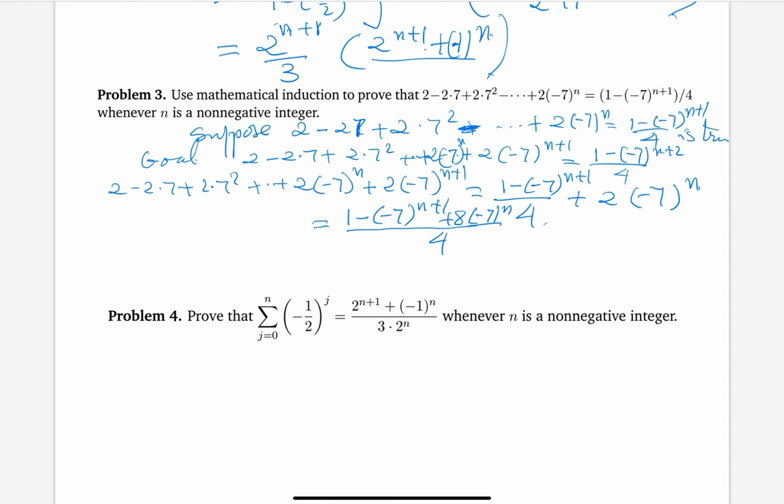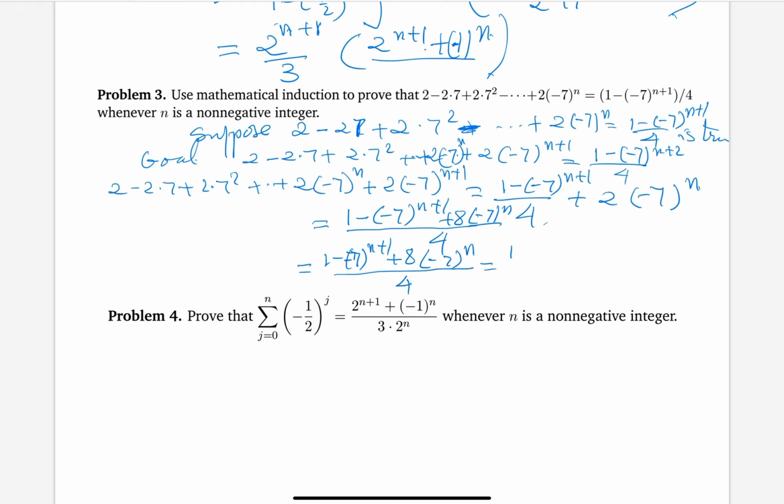Check here. Okay, so now here we will have 1 minus (-7)^(n+1), and then here, check here. Here you have plus 8(-7)^n over 8.